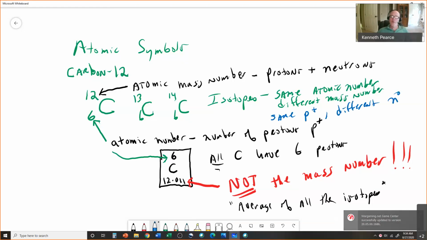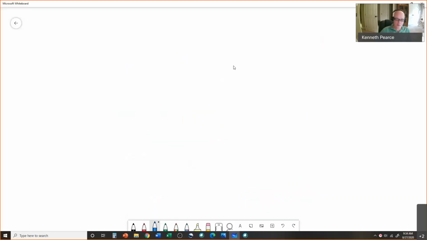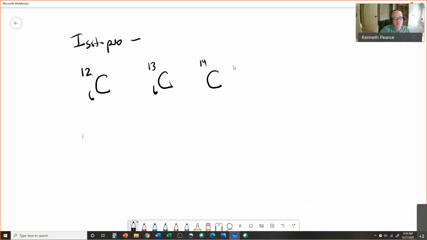That means that those two in green and blue mean exactly the same thing. And so if we have our 3 isotopes, we can figure out how many neutrons each has. I'm just going to rewrite them down here. For carbon, we have carbon-12, which is the most common. We have carbon-13, which is not very common and radioactive. And we have carbon-14, which is also not very common and radioactive.